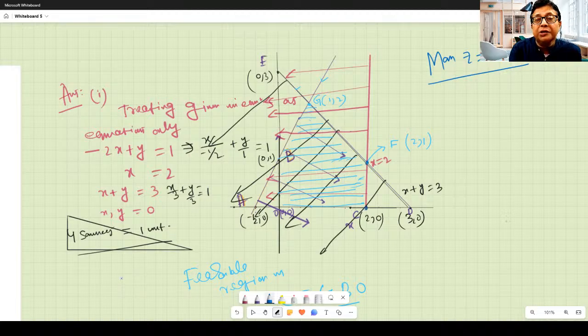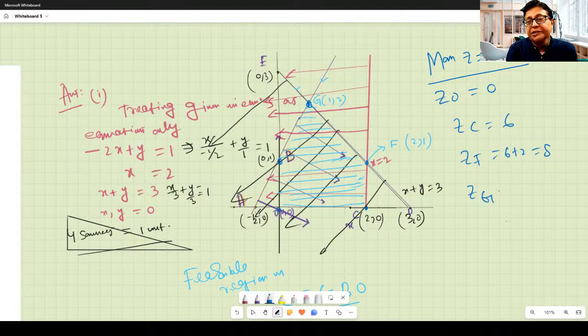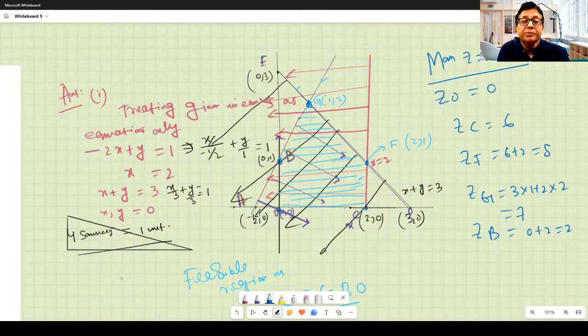How many corner points? 1, 2, 3, 4, and 5. Z at O, 0. Obviously not maximum over there. Z at C is 6. Z at F, x is 2, y is 1, 6 plus 2, that is 8. Z at G, 3 into 1, 2 into 2, that is 7. Z at B, this is 0 plus 2, it is 2. Okay?